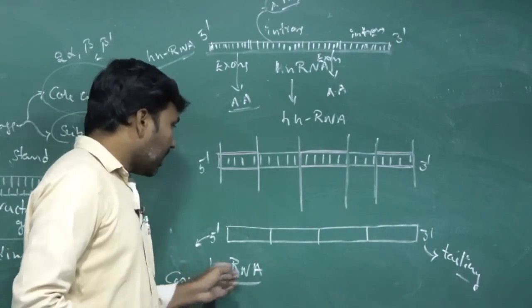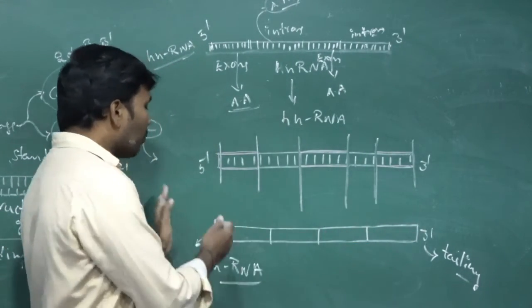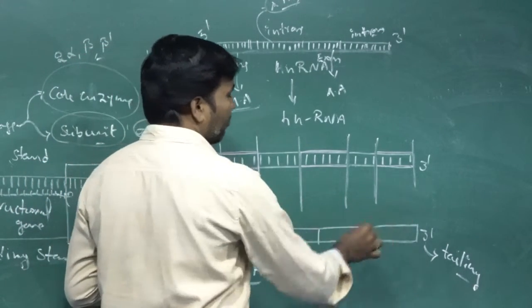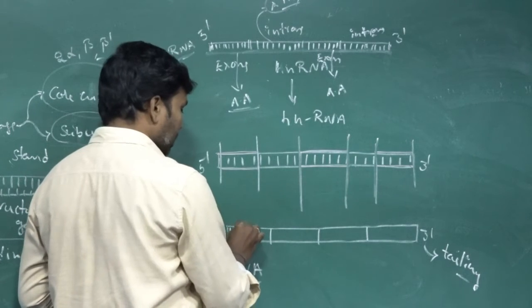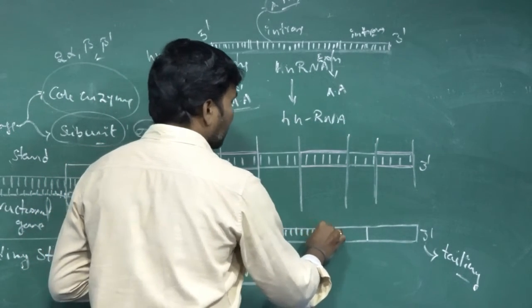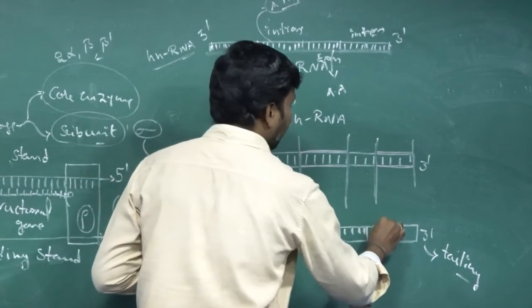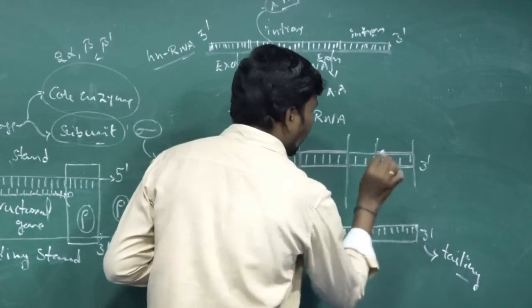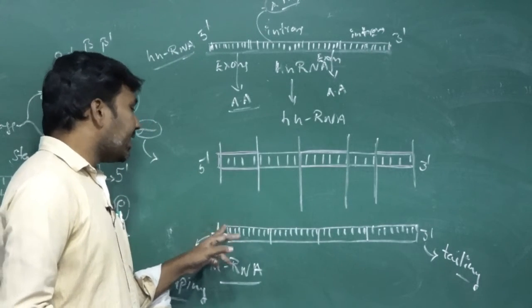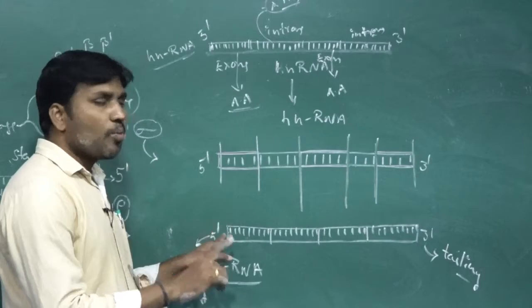Why this capping and why this tailing? The processed mRNA that is produced has the complete structural gene sequences. Even if one nucleotide is damaged, it leads to variations in protein synthesis.